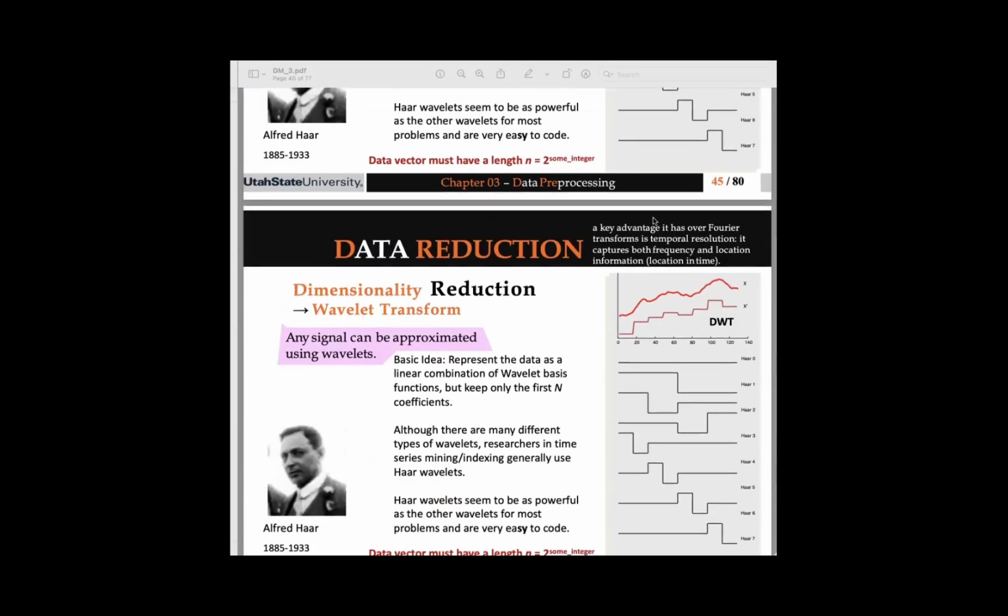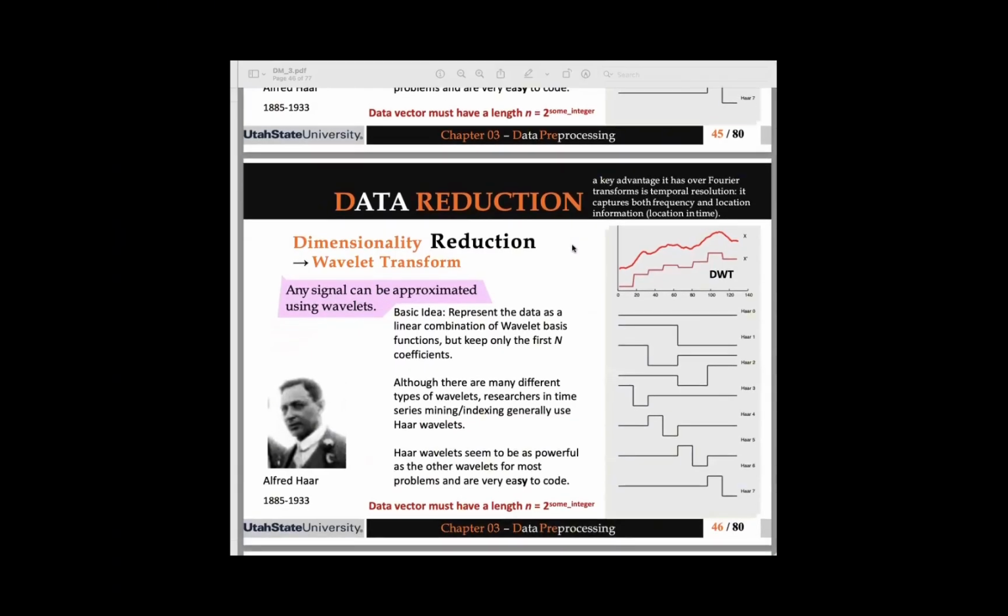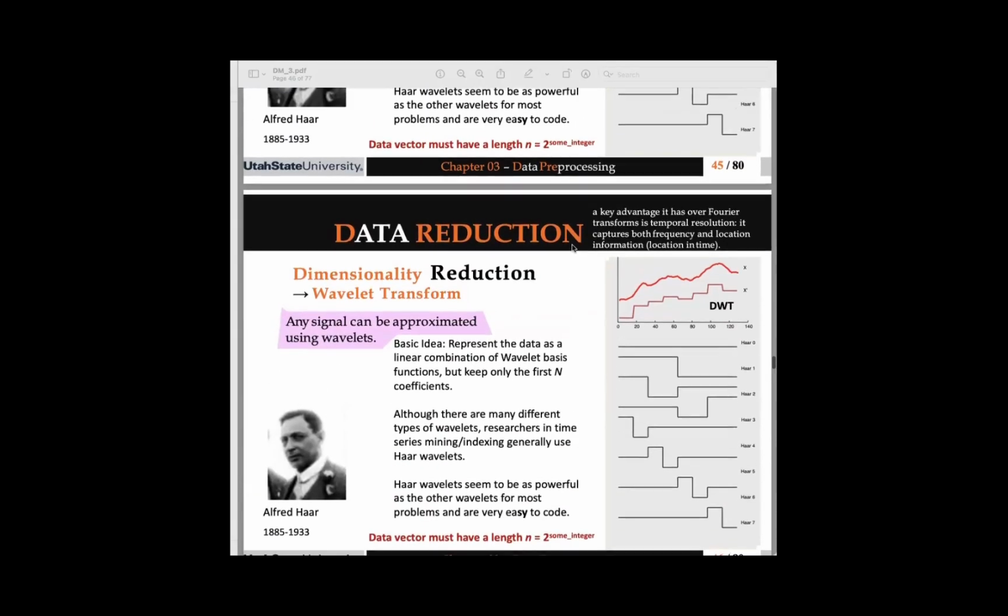Okay, so again, in the midterm exam and the quizzes and assignments, I will not ask you to implement Fourier transform nor the wavelet transform, but I'm expecting you to know their limitations and how they work in general, as far as what parameters we need to keep record of, and what the limitations of both are.